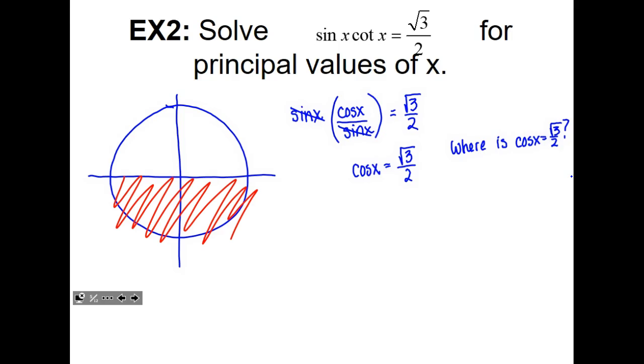And let's see, square root of 3 over 2, that is going to be right here, right? Square root of 3 over 2, 1/2, that's your 30 degrees. So x equals 30 degrees. In the second quadrant here, I'm going to have negative square root of 3 over 2, so that would not be an answer. So just the 30 degrees. Or, what else could I say? 5 pi over 6.